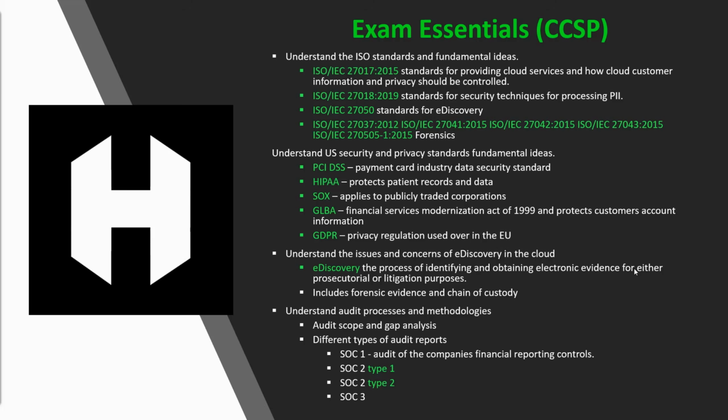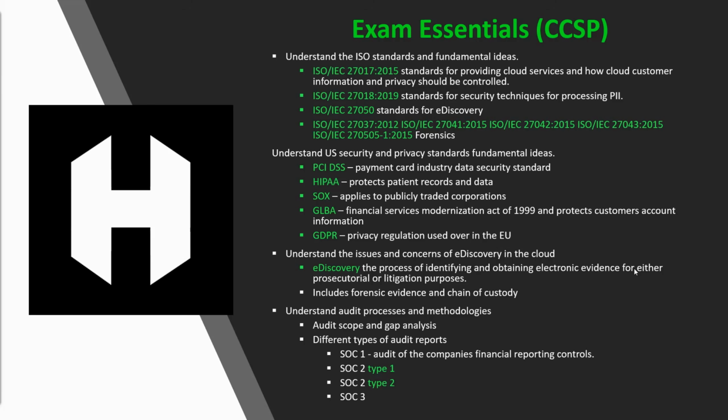And that's why there is a SOC 3 report. And that is a seal of approval to the public without sharing any specific information. So chances are, if you're not getting a SOC 2 Type 2, you will be seeing a SOC 3 report. Now, if you're not familiar with any of these exam essentials, make sure you brush up on Chapter 10.